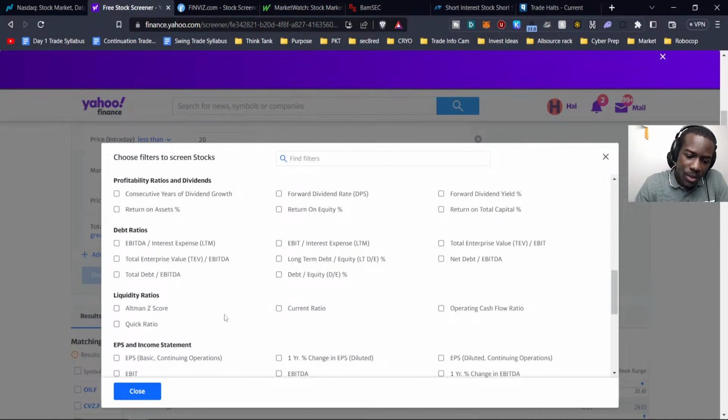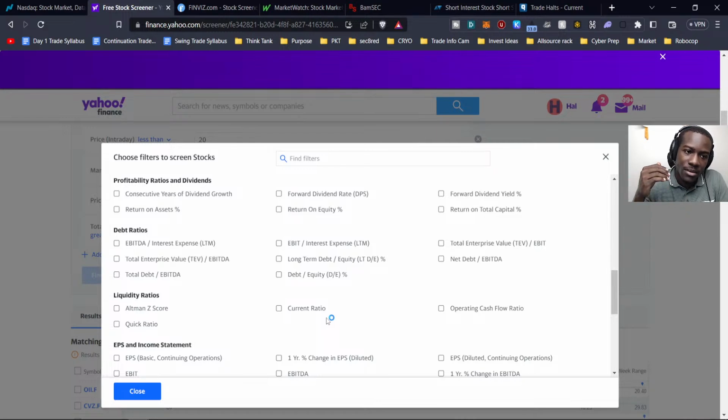Current ratio and quick ratio, those are some things that I use in evaluating dividend stocks. Current ratio and quick ratio give you how quickly, if all the debt of a company was to come due right now, well, current ratio is what they can do in a year's time, right?